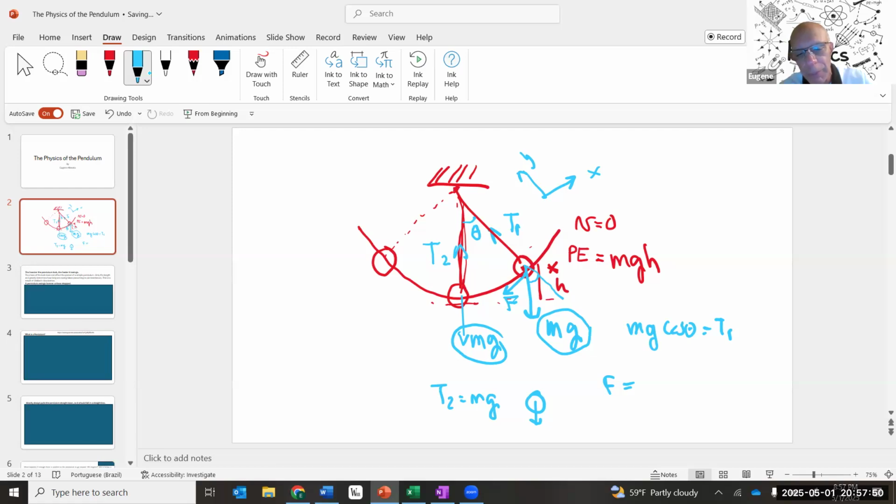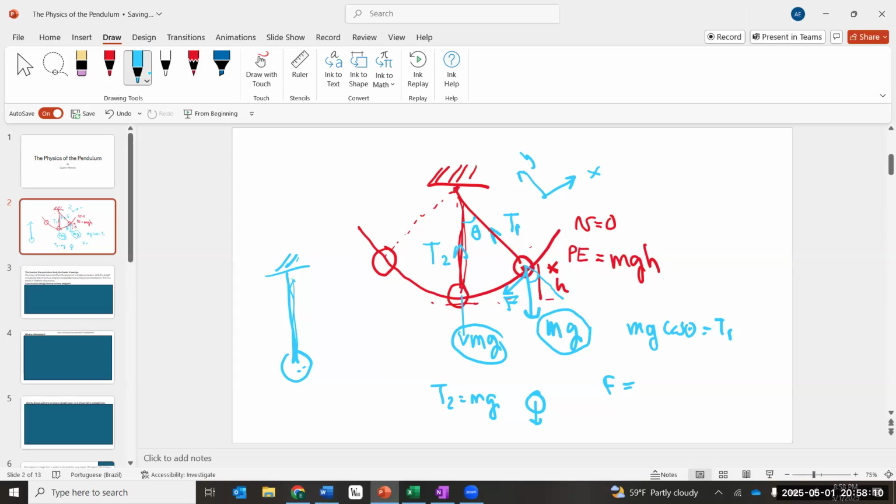the position of equilibrium. Because if I let the pendulum go at this position, is it going to move? If I have the pendulum this way and I release the mass, is the mass going to move? No, okay?